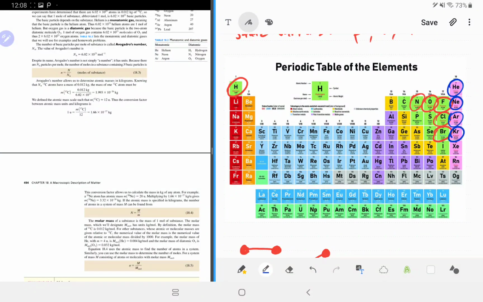These are the ones that we're going to focus on right here. Notice how everything in the last column here, these are called noble gases. And these have a complete octet. They have no desire to pair up, whereas these other ones do want to pair up.